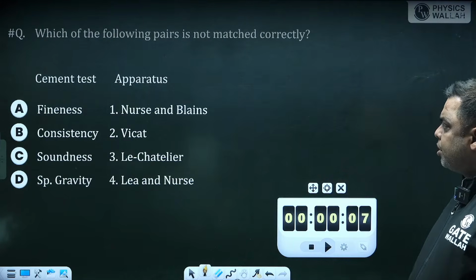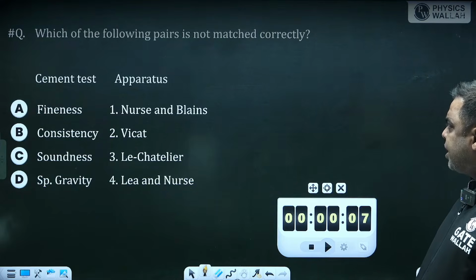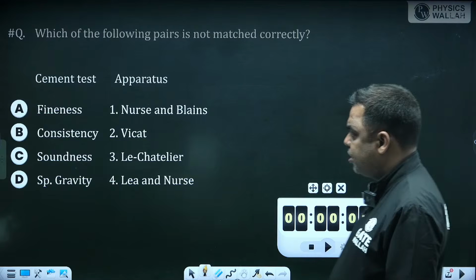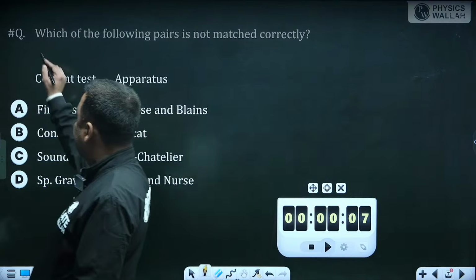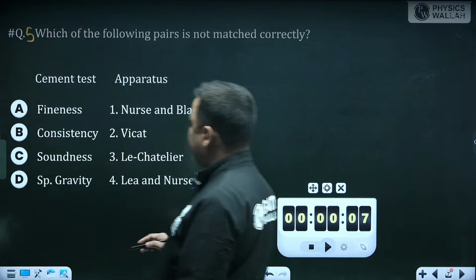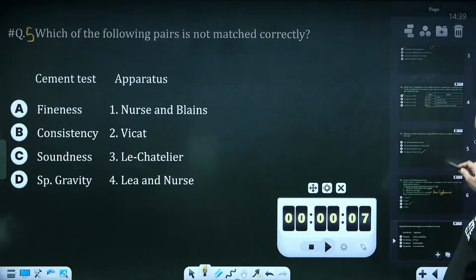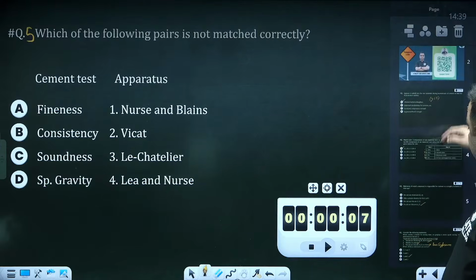Next question. Which of the following pairs is not matched correctly? I believe this is our fifth question. Fourth, third, second, first. Yes, it's fifth.